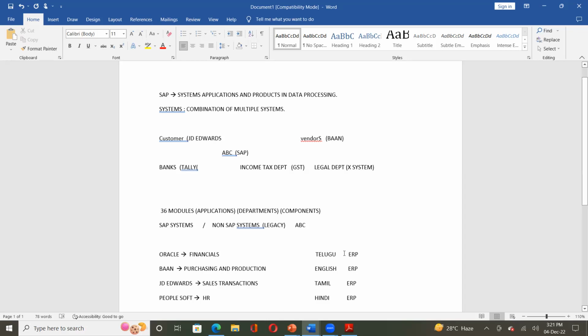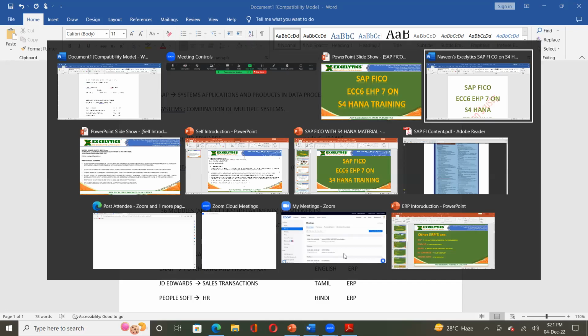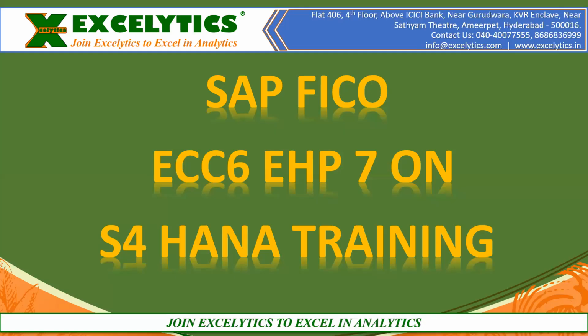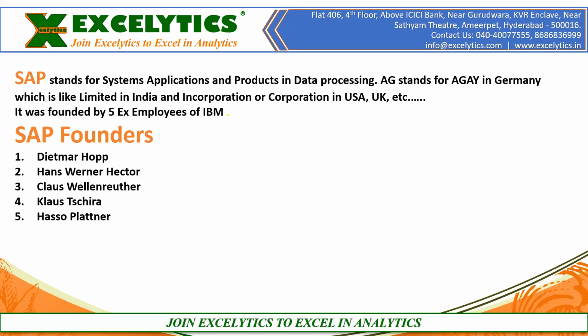That is called an ERP. Again, I'll come to the basics of ERP. I have prepared one PPT for that. So before understanding SAP, we need to understand what exactly ERP is.